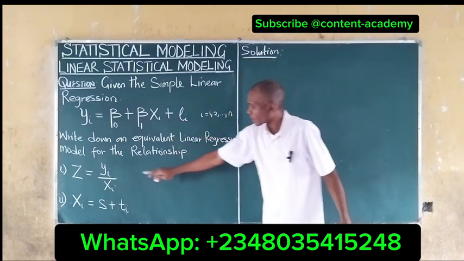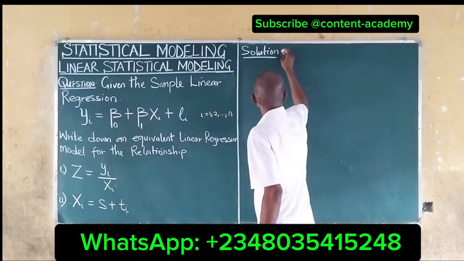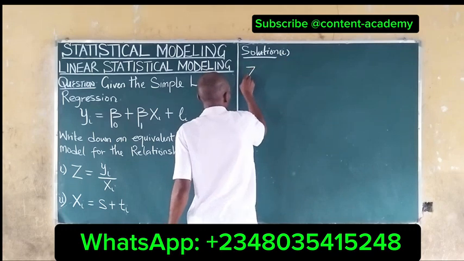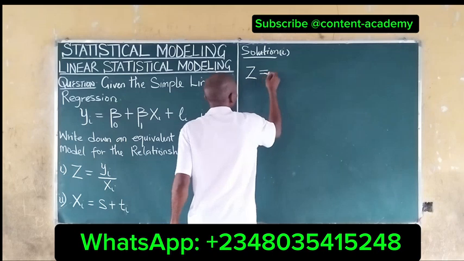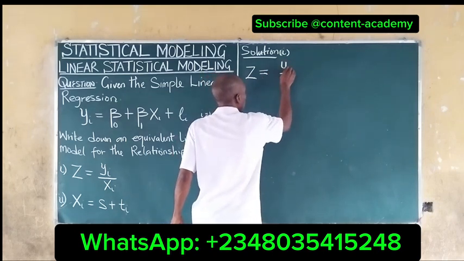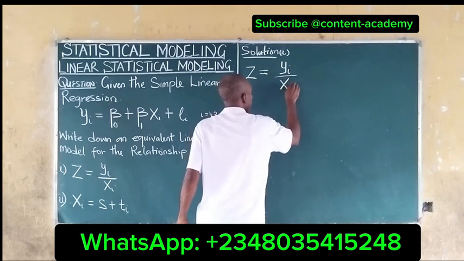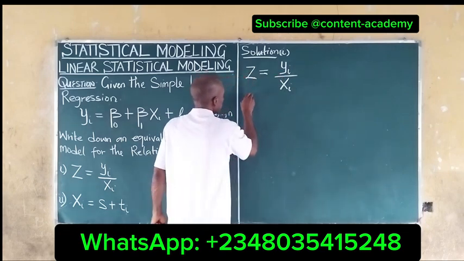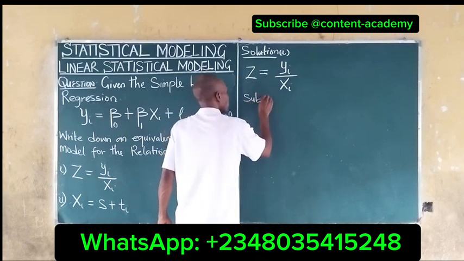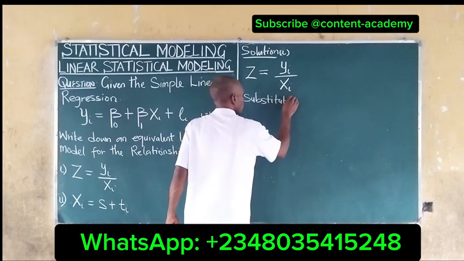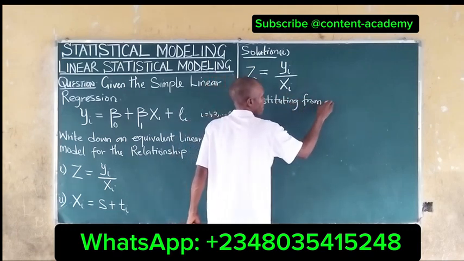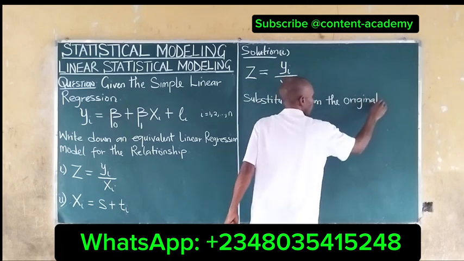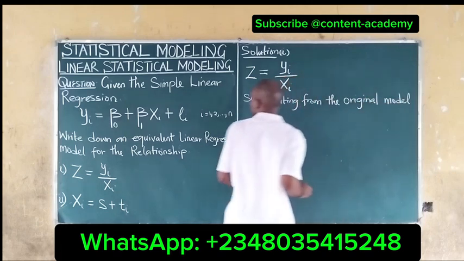Now, if we are given this model and we are asked to find this relationship, solution one: if z is equal to y_i all over x_i, we now say, substituting from the original model.